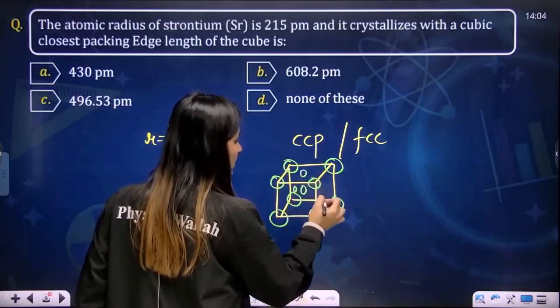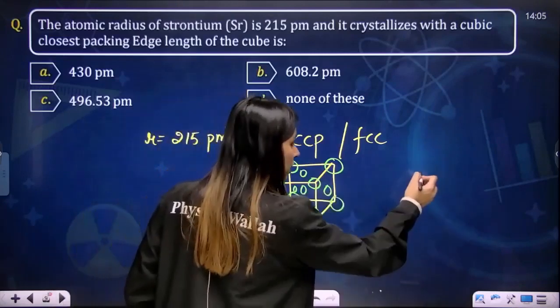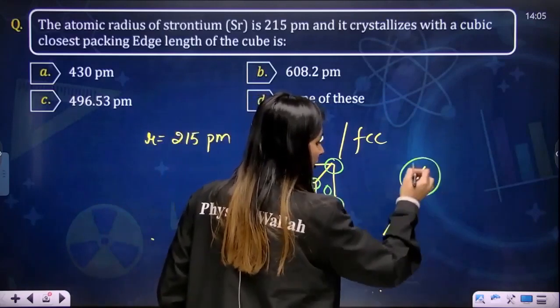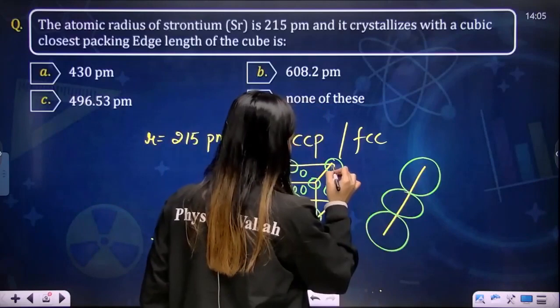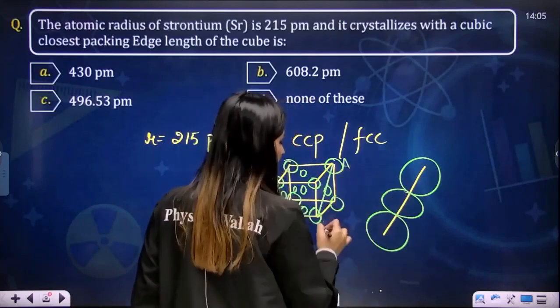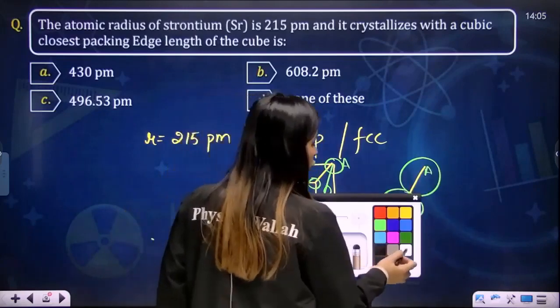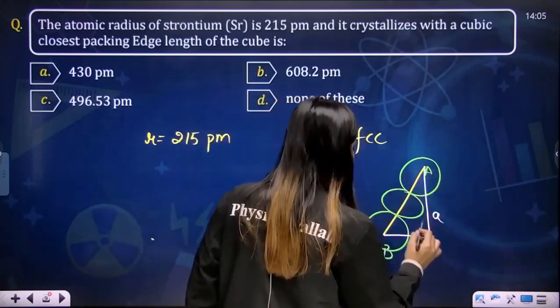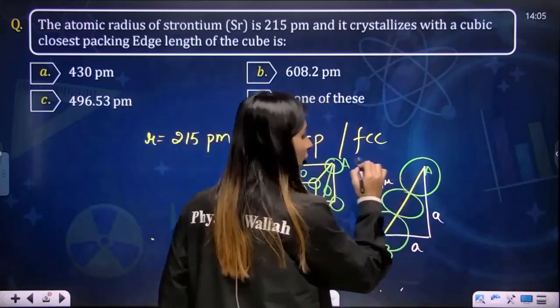And I also know that atoms touch each other along the face diagonal. So this would be my one atom, my second atom, and my third atom. Let's say this is A and B. We did talk about this, my dear students, that since it is an edge of length A, this will be equal to a total of 4R.